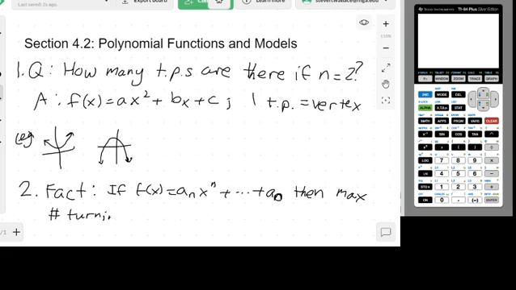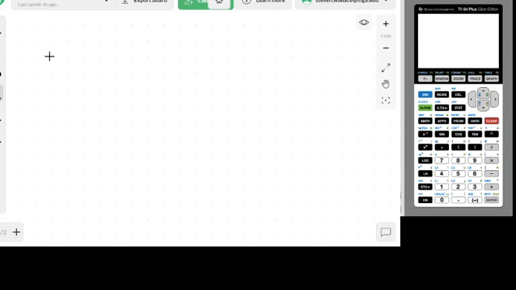So the maximum number of turning points is n minus 1. We see that in the case when n is 1, or a linear function, and there are no turning points. We see that when n is 2, when it's a parabola and there's exactly 1.